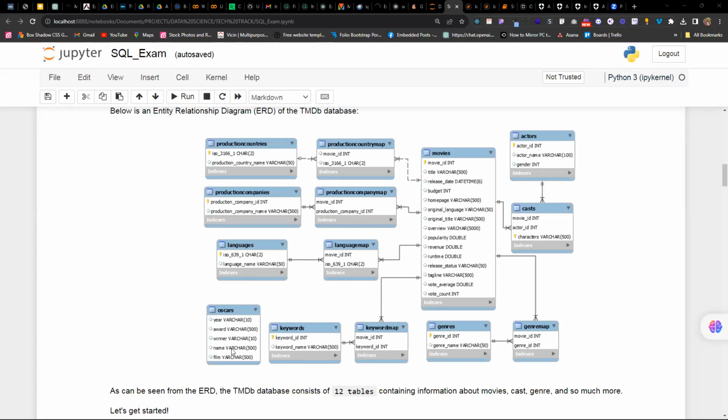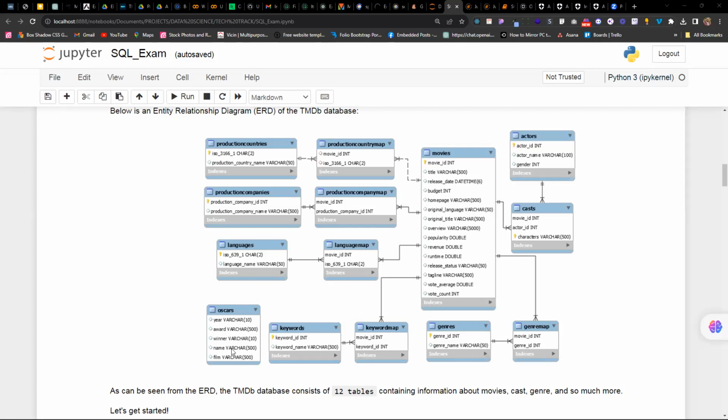So I think we'll have to connect the genre table and the keywords table. They said we should look for a movie whose genre is thriller and that has a keyword love. So we have to look for how we connect the genre table to the keyword.